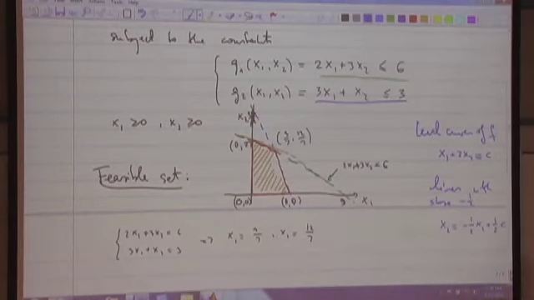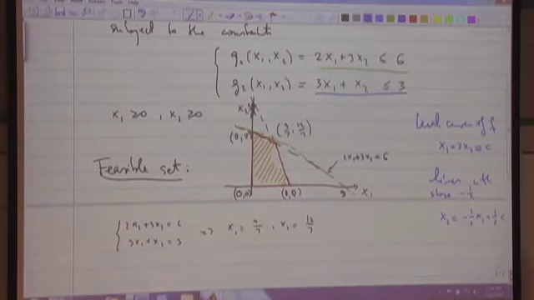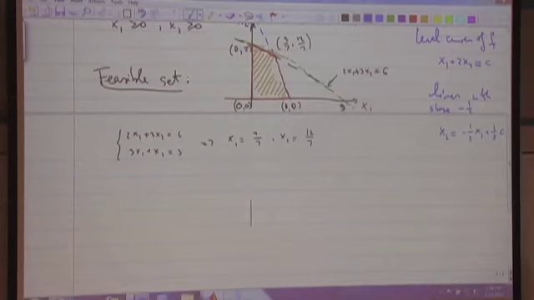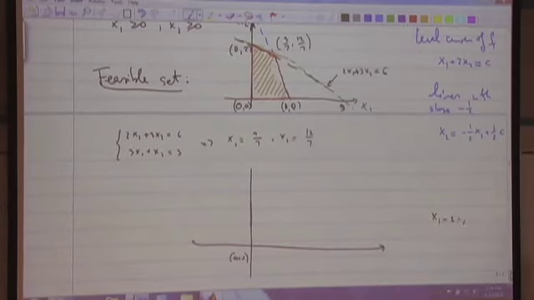So for instance, let's do the one through 0. So the one through 0 is x1 plus 2x2 equals 0. So it looks something like this, right?